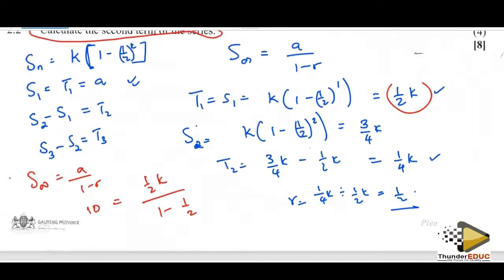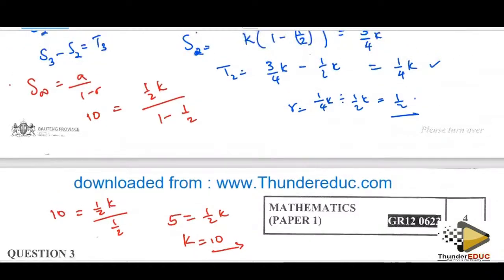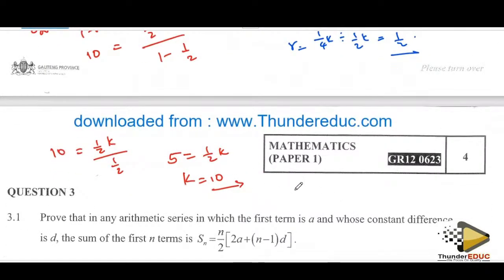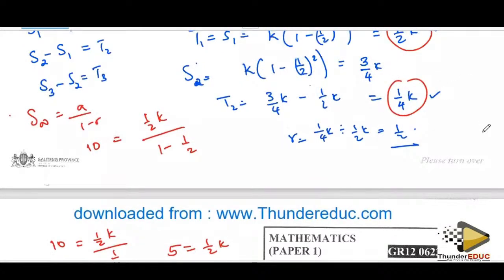So since we've gone a long way to simplify all of this, remember, since we already have K as 10, which means our Sn is the same as 10 into 1 minus a half the exponent of n. What I told you, for you to get the second term, you must get the sum of the first two terms minus the sum of the first term. But we had already simplified that to 1 over 4 K as our second term.